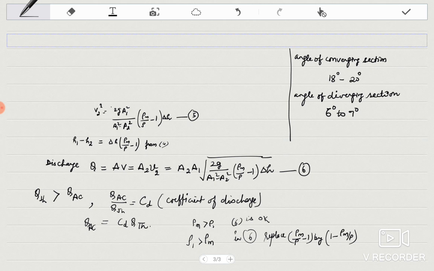Because if it leaves the surface of the diverging section, the loss of energy will be increased, and it is called separation of fluid. So in order to avoid the separation of fluid, or to follow the no slip condition, the angle of converging section should be between 18 degree to 20 degree and the angle of diverging section should be between 6 degree to 7 degree.